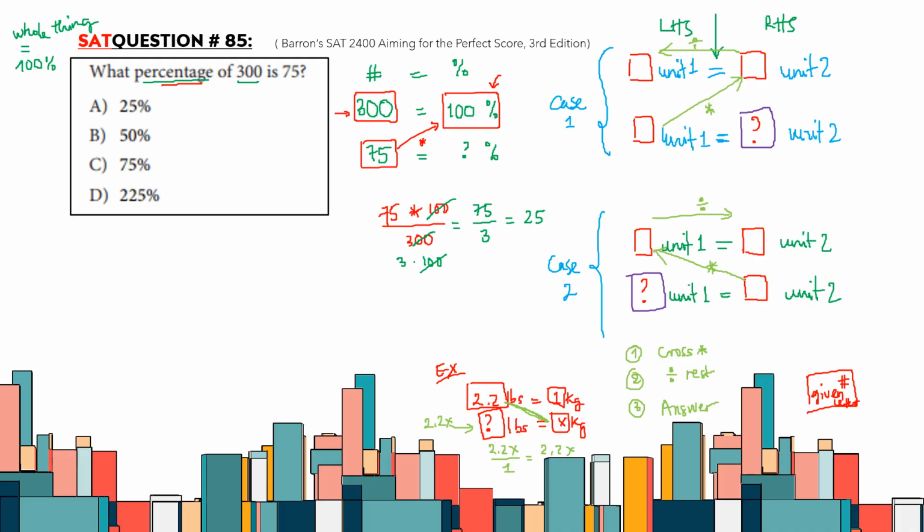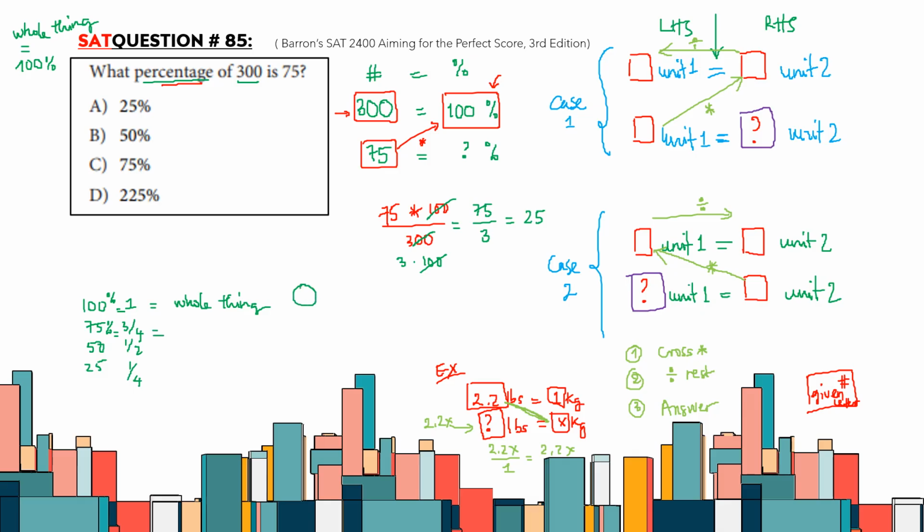For percentage problems, remember some facts: 25, 50, 75. This is 1/4, this is 1/2, this is 3/4, and this is 1. This is the percentage. 1 means the whole thing, like 1 pizza. Let's say 3/4. How do we represent it?